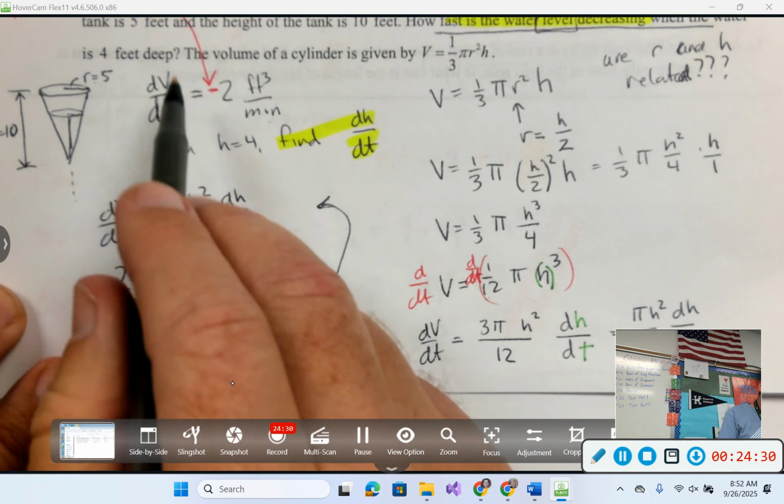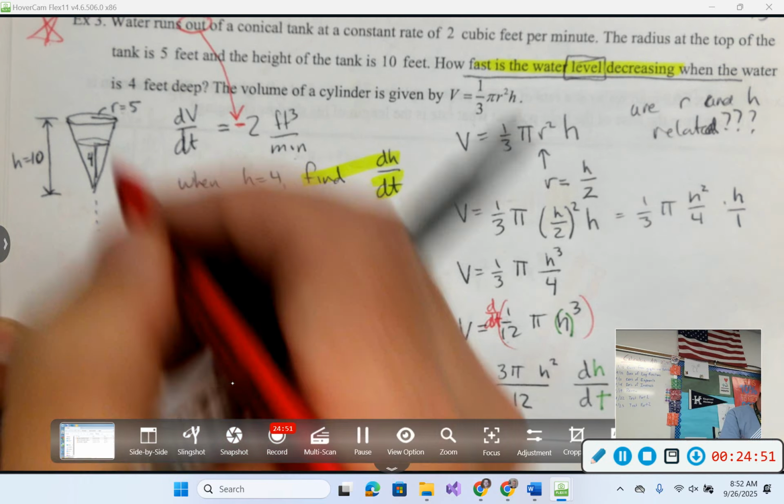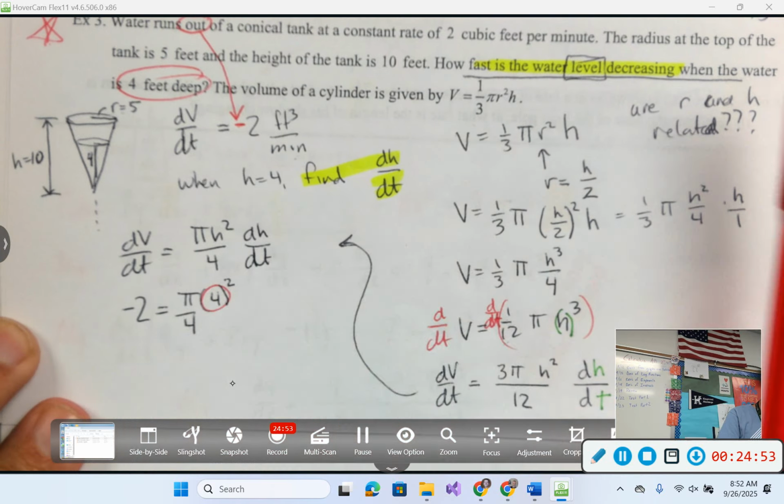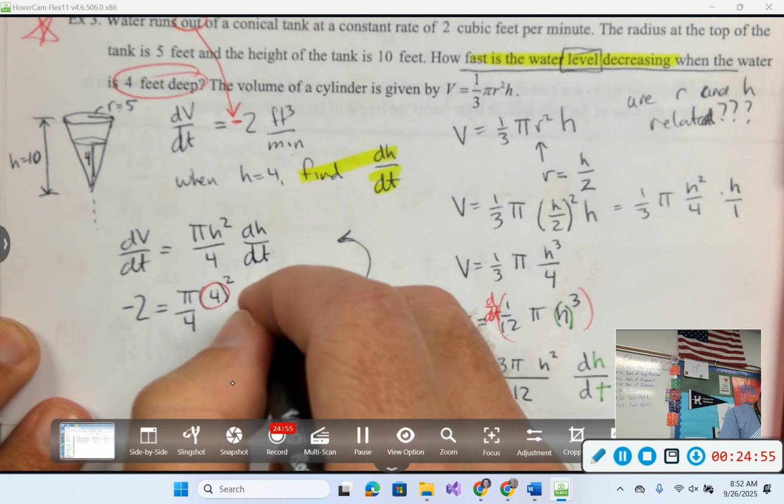I got all kinds of numbers in here. Oh, that's a tricky one, maybe. This H is 10, but it says when the water is 4 feet deep. So I'm going to use 4 for H. 4 feet deep, that 4. And dh/dt is what we're looking for.